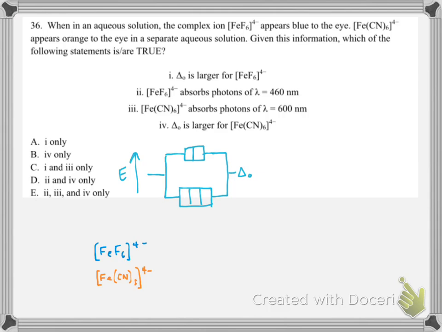The first statement says that the delta is larger for FeF6 4-. Okay, so we look at the beaker with that solution and we see blue. But if we see blue, it's actually going to absorb orange.